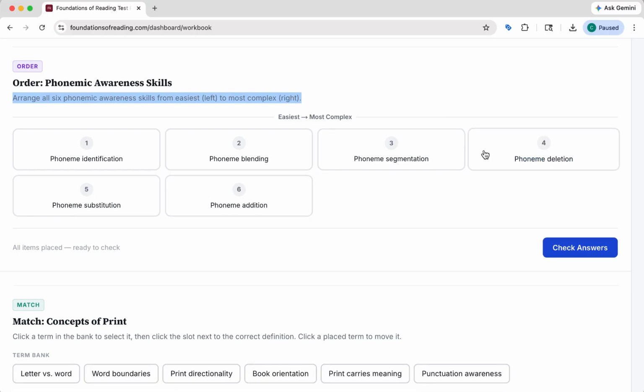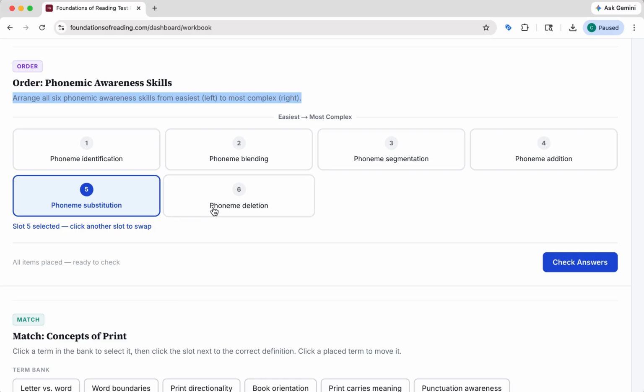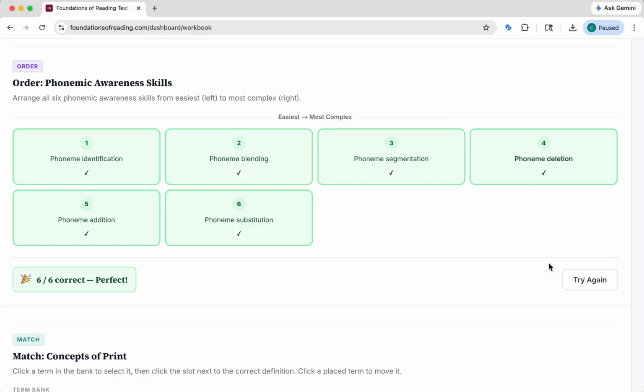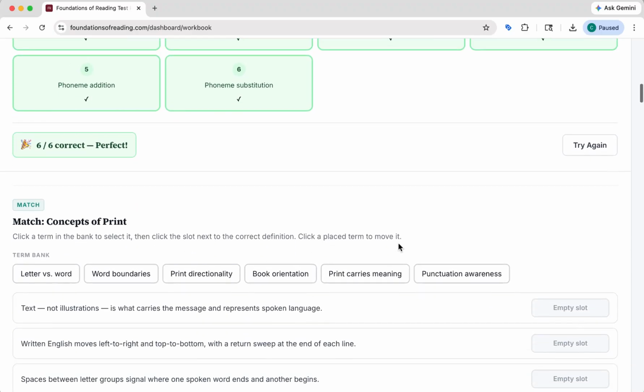That's what I was looking for right there. And then addition goes before subtraction. All right. Okay. Identification, blending, segmentation. What we want is deletion to go right here. Try that again. Oh, there we go. Good, good, good. I think this is right. Let's check it. Good. We got all 6 correct.